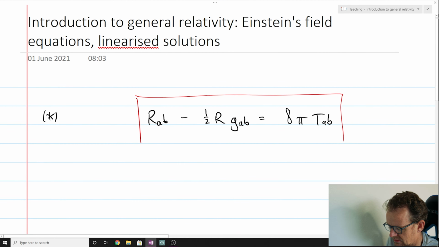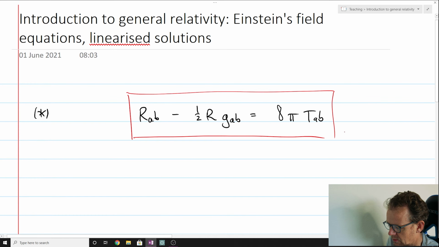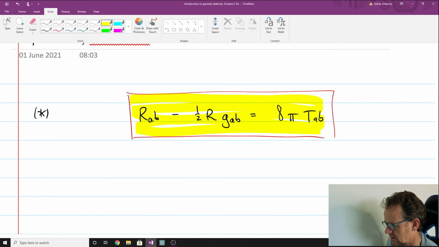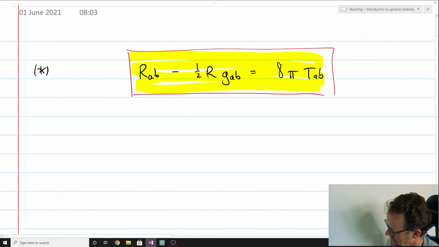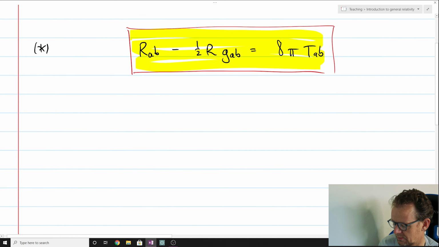So this is Einstein's field equation, or field equations, as it's really a lot of equations all packaged into one little compact equation. And in this lecture, we're going to start investigating the general properties of this set of equations and also how to solve them.